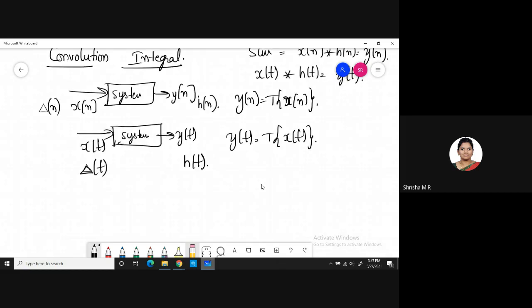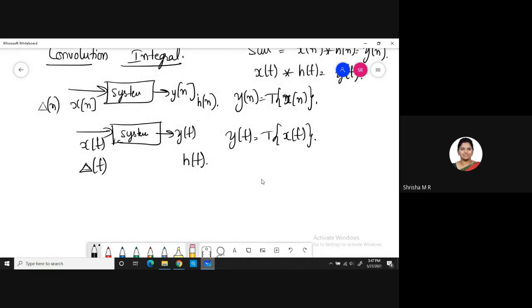So we have seen the equation for x of n, right? x of n was nothing but summation k equal to minus infinity to infinity x of k into delta of n minus k. We took one discrete time signal and expressed it in the form of time shifted impulses. So this was the sample amplitude and this was the shifted version of impulses.